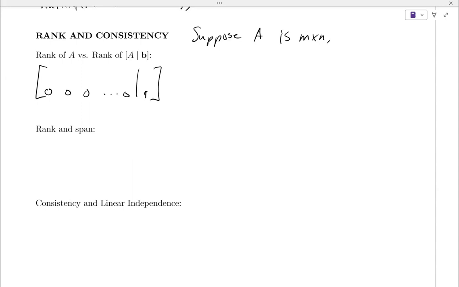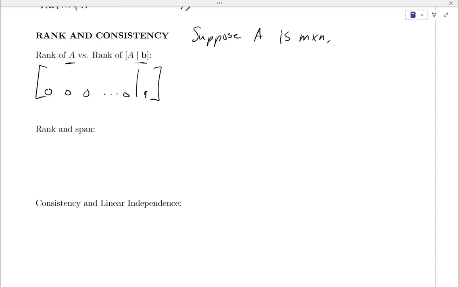For consistency, pivots in constant columns are bad, right? So if it's inconsistent, what happens to the rank of A if I augment the B on the end? Does it stay the same or does it go up? It goes up, right? So if it's not consistent, the rank goes up.